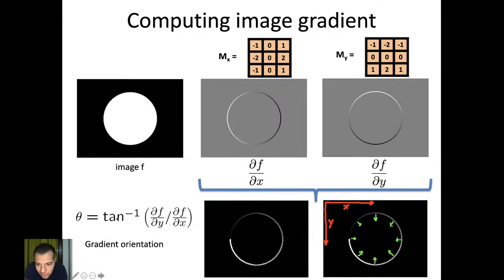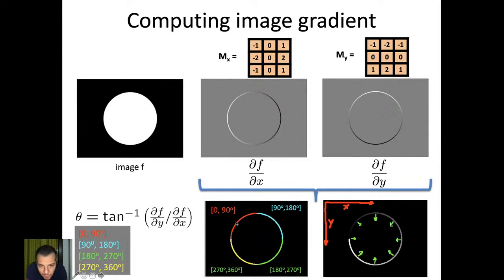So the angle is given by the arc tangent of the gradient, the partial derivative with respect to y divided by the partial derivative with respect to x. So this is the formula to compute the gradient orientation.